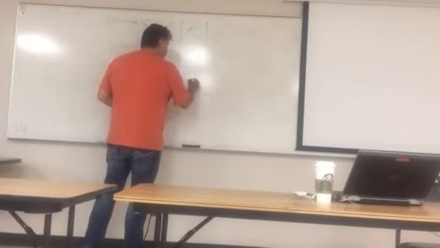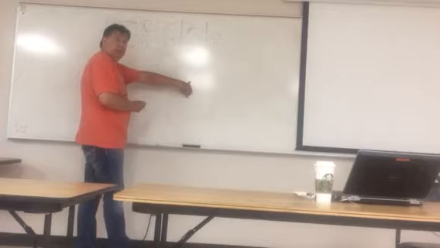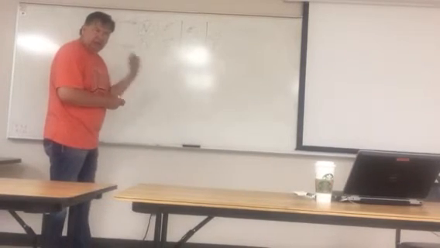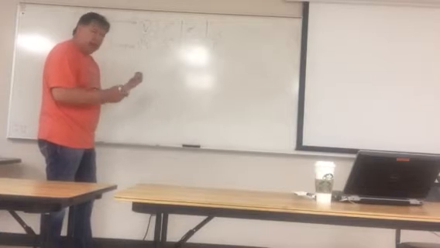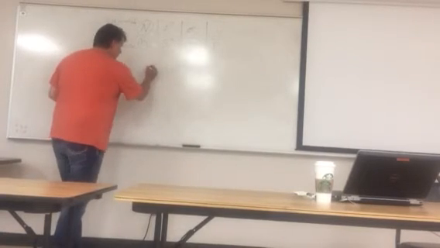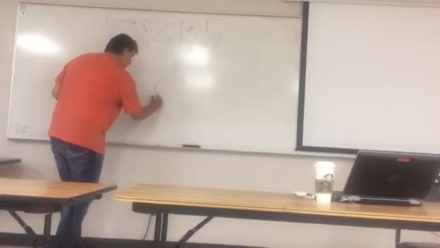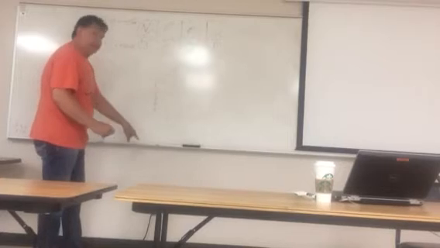So I'm going to use a symbol X, and it's going to represent a number in a data set. So if I have a data set, let's start here, 1, 2, 3, 4, and 5, that's my data set.